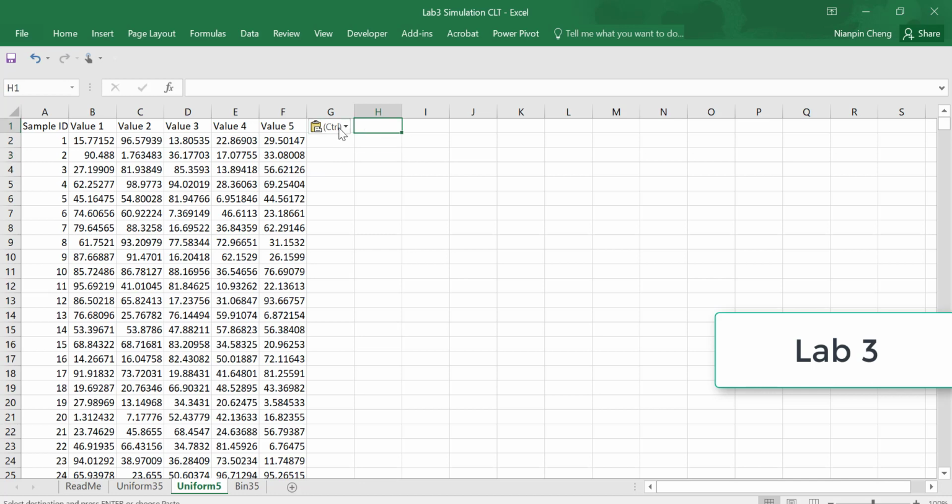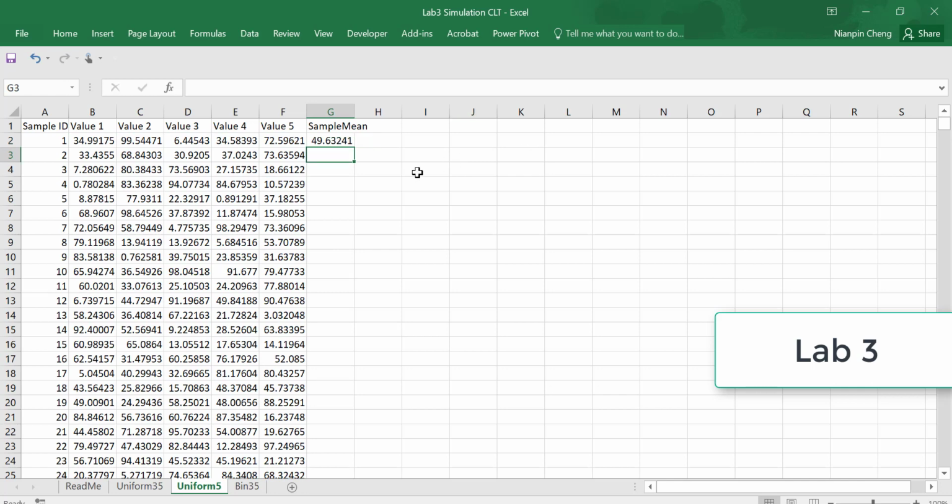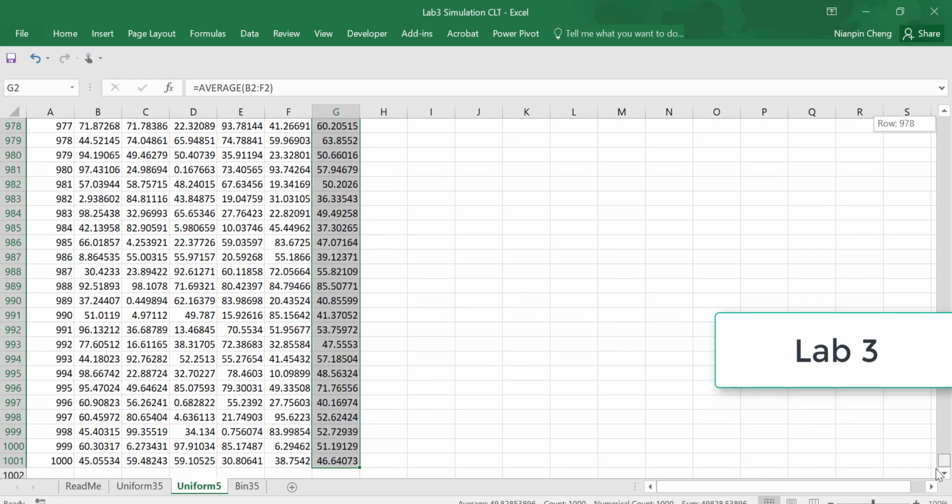So next I calculate the sample mean. The sample mean is the average of these 5 values. You right click, and it automatically copies the formula. See, you have 1,000.